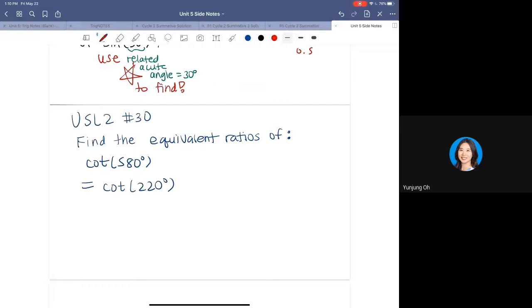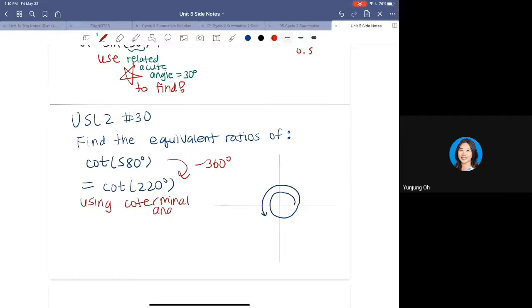What I've done is subtract 360 degrees, because if you're drawing 580 on the X and Y axis, from the initial position that is 360 degrees, and then I would go another 220 degrees and arrive somewhere here. By giving you a coterminal angle, that's one version of an equivalent expression. So this is using a coterminal angle. Abby, does that first part make sense?